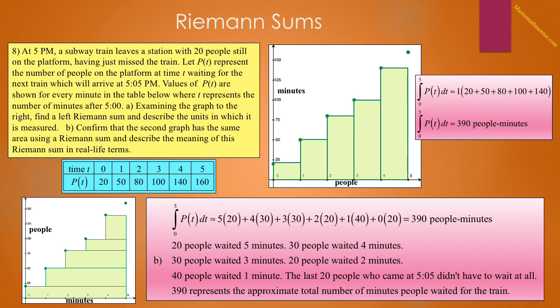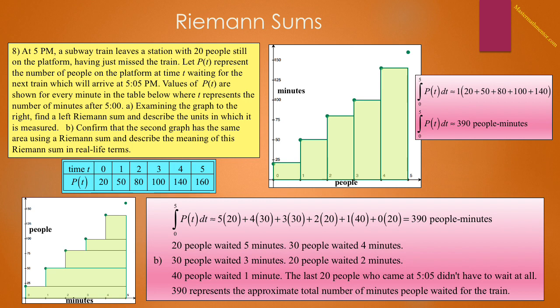The bottommost rectangle is 5 by 20. The next is 4 by 30. The middle is 3 by 30. The next is 2 by 20. And the top is 1 by 40. So do the math, and the area is also 390, and will also be in terms of people minutes.